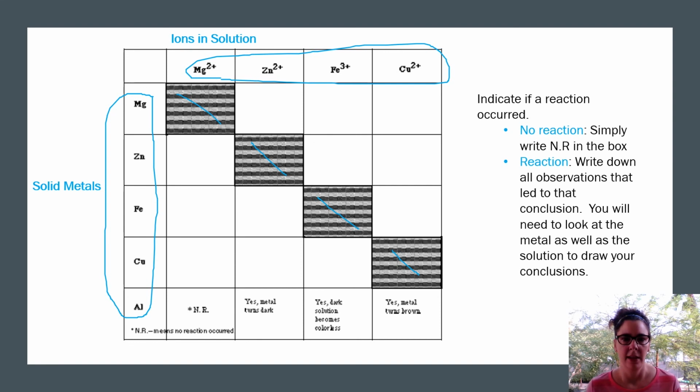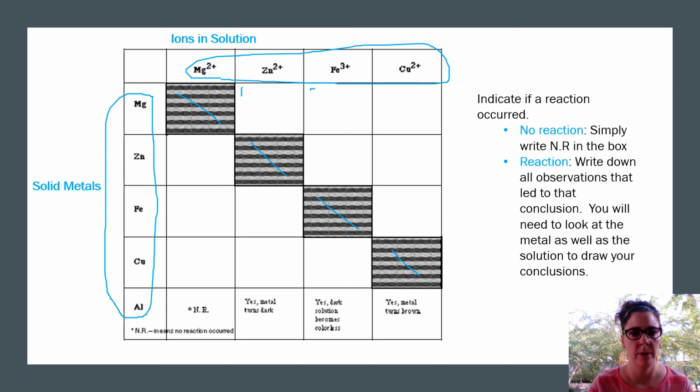That's ridiculous. So your first box, I'm going to call number 1, we would be observing a piece of magnesium in a solution of zinc, like a zinc nitrate solution. And then we would observe any changes that we see in the reaction. Okay, so that's how that's read.